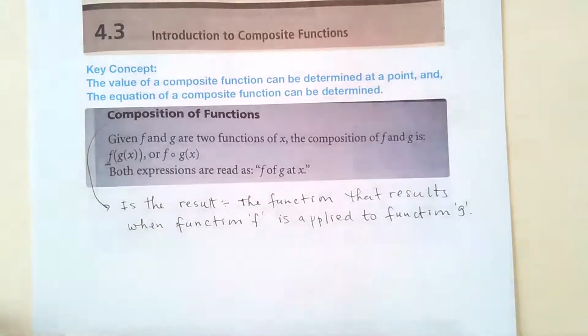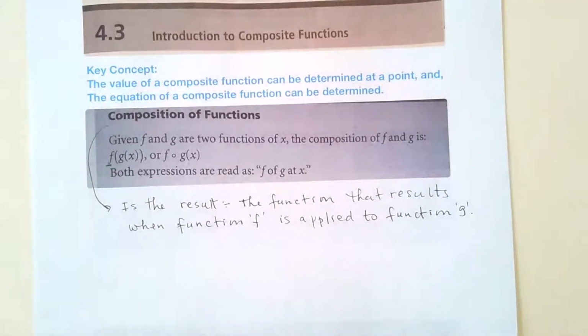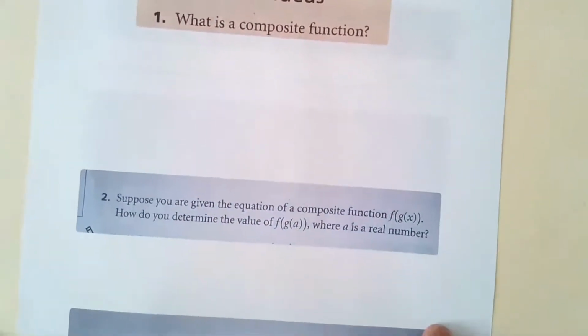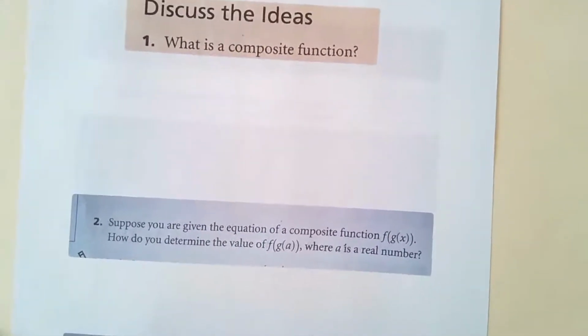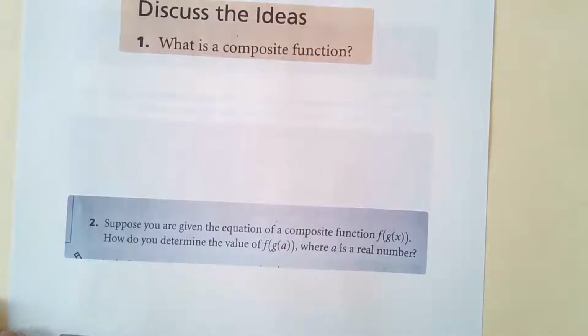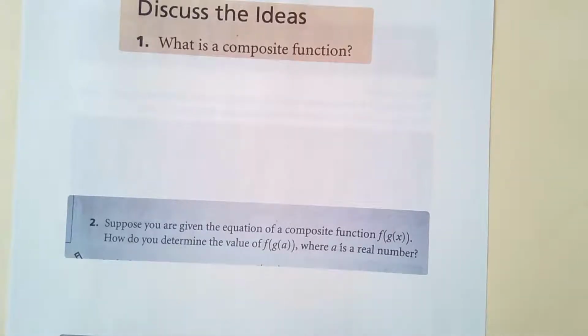So let's go to some general discussion questions. And this is some of the discuss the idea question in your textbook. Now, what is a composite function? So a composite function is when you have two functions, and you're applying these two functions in succession. So for example, if you have a function f and g, or f of g of x, you apply g of x first, then apply it to f.